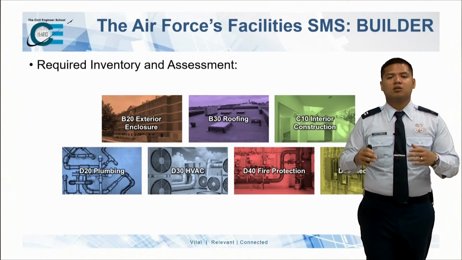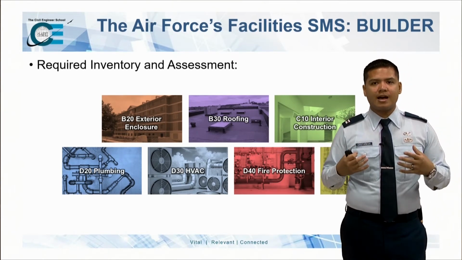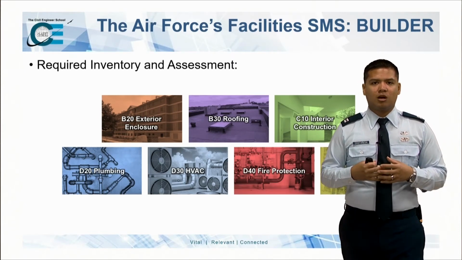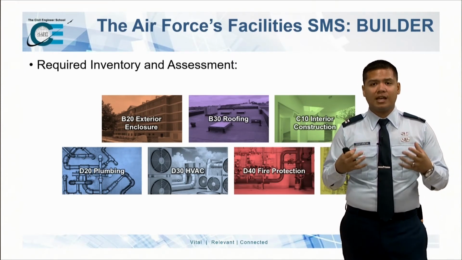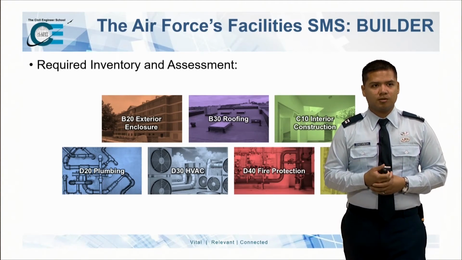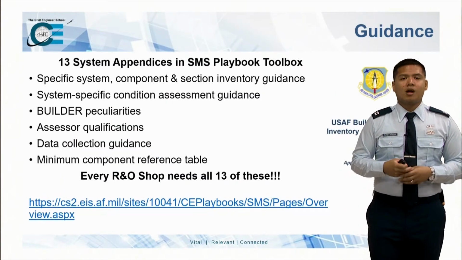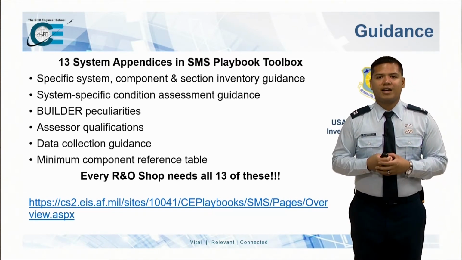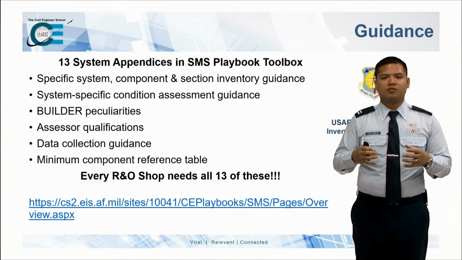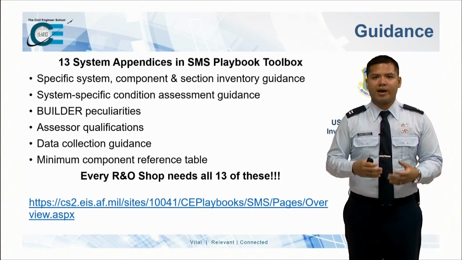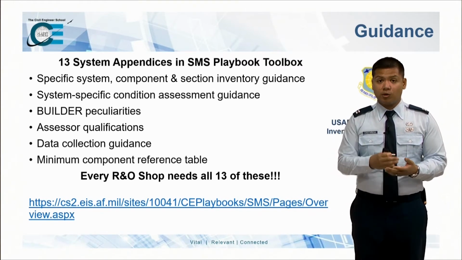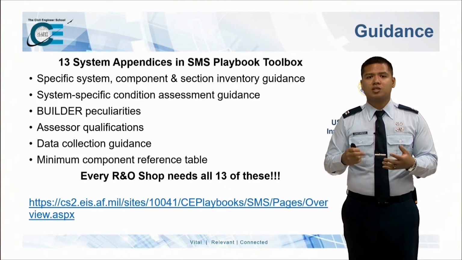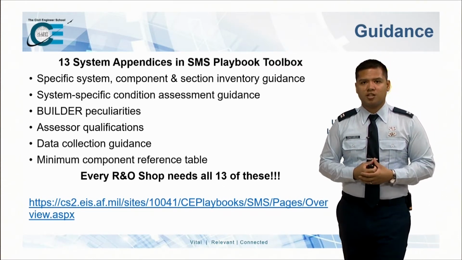We have to continue to gain asset visibility and awareness of our different assets, and continue gaining data on those other systems. So how do we gain data on those systems? How do we standardize the way that different squadrons, different R&O shops, whether you have an FCAT, the Facility Condition Assessment Team, or whether you're doing a maintenance-based approach, do our assessments?